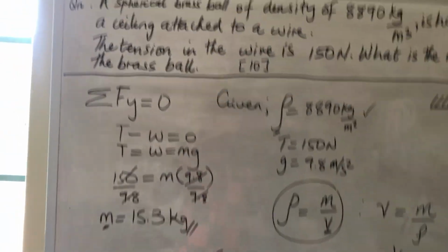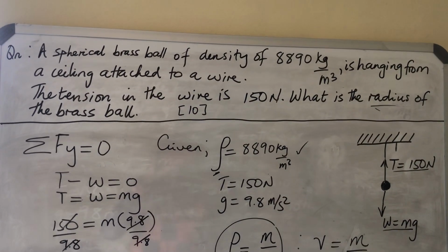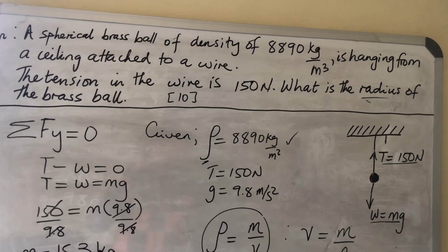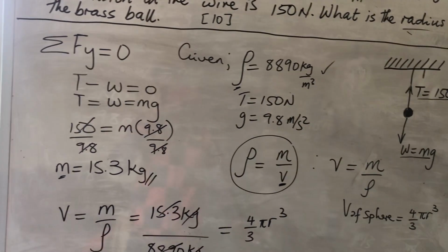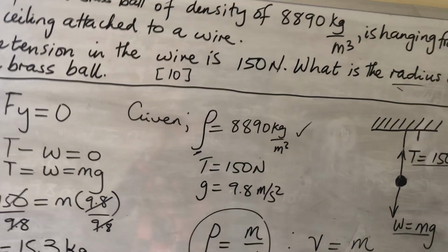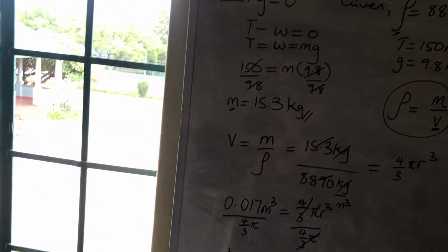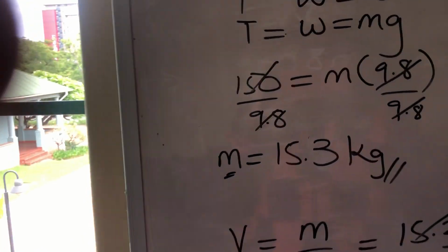Hopefully it's clear, ladies and gentlemen. Your question has indicated to you that you've got density, you've got the tensional force, and you can convert that by linking the relationship between density, volume, and mass. So you are required to calculate mass first.